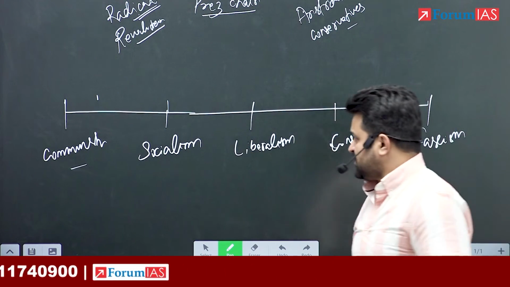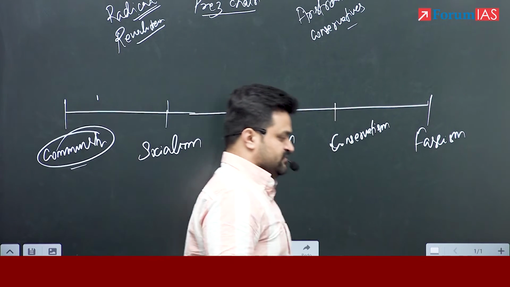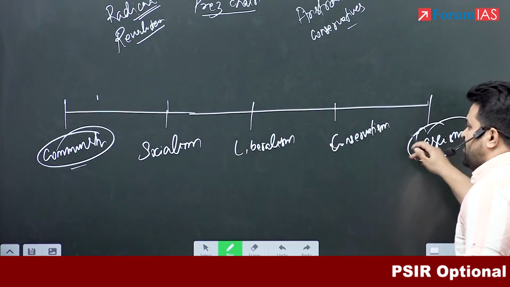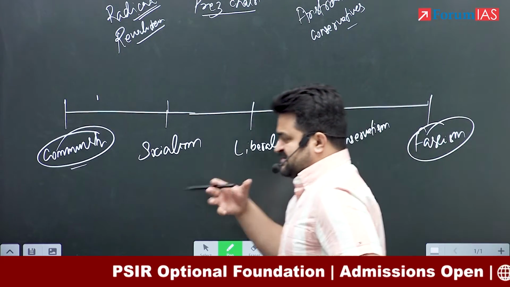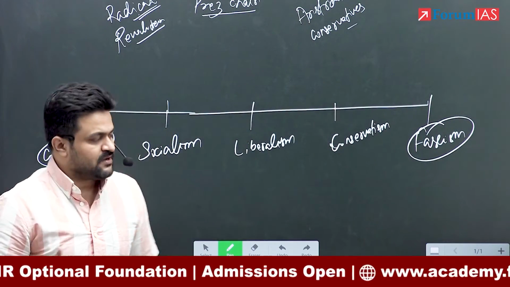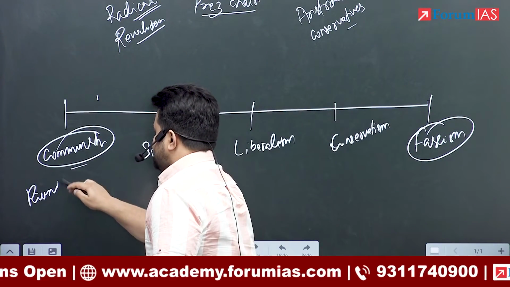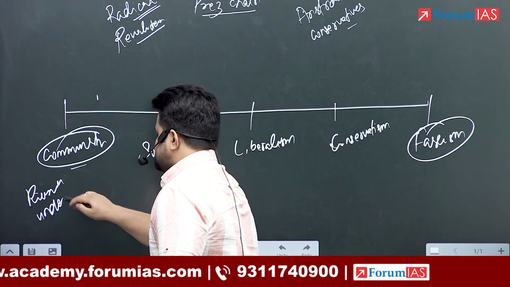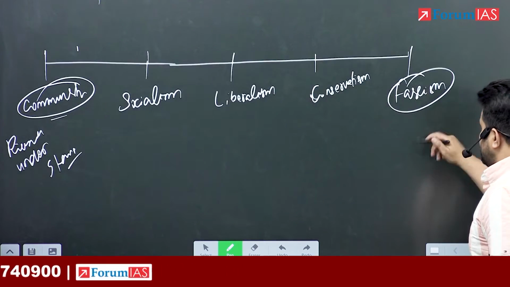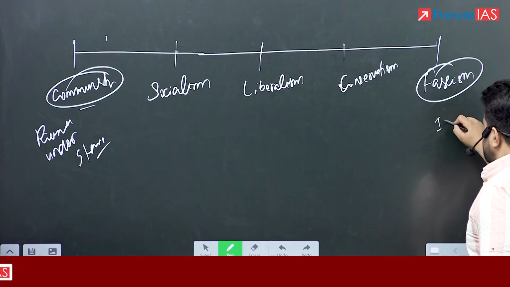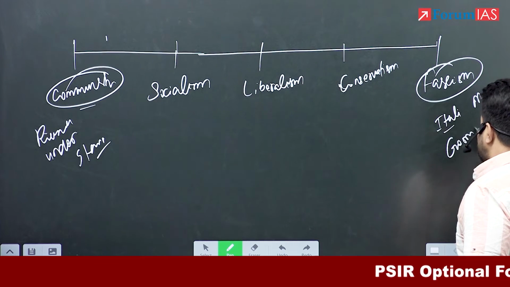Now also notice that in the ideologies at the extreme ends of this spectrum, fascism and communism, you will find a certain similarity. Communism has a very good example in Russia under Stalin. This is an ultra leftist ideology, Russia under Stalin. And fascism has an example in fascist Italy, Italy under Mussolini, and Nazi Germany, Germany under Hitler.